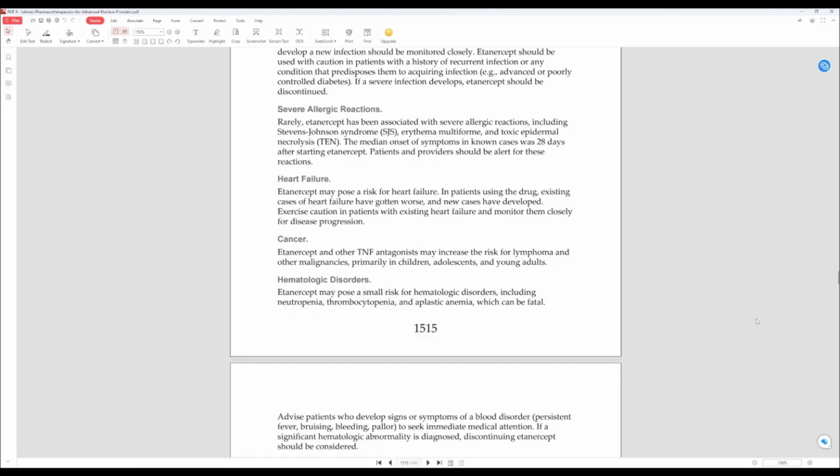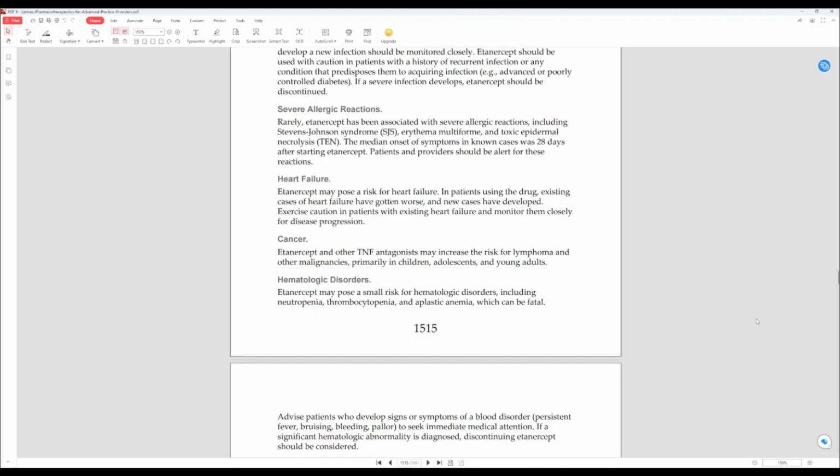Patients and providers should be alert for these reactions. Heart failure. The medication may pose a risk for heart failure. In patients who are using the drug, existing cases of heart failure have gotten worse, and new cases have started to develop. Exercise caution in patients with existing heart failure and monitor them closely for disease progression.